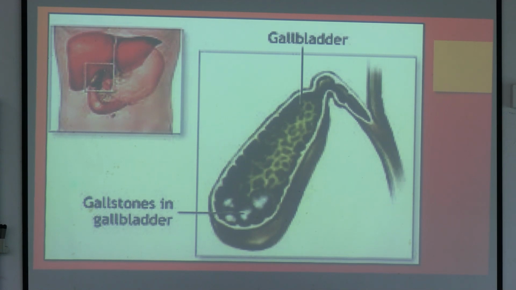Which part? Before the conjugation or after conjugation? Before conjugation. So indirect hyperbilirubinemia will be responsible, and for this pigmented gallstone or black colored gallstone in patients of sickle cell anemia.